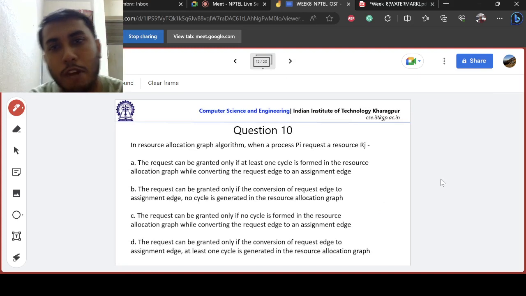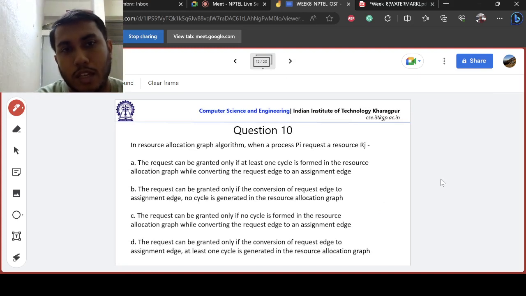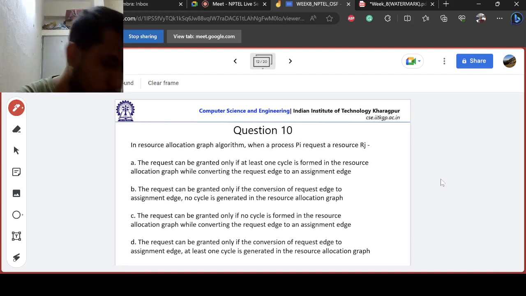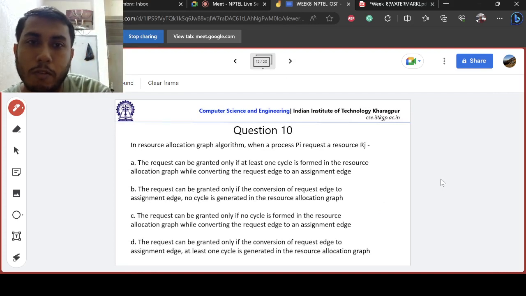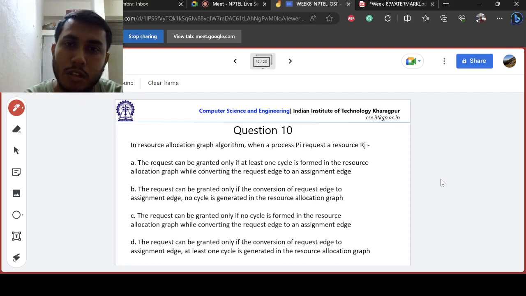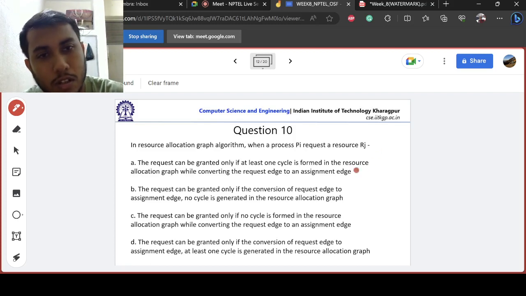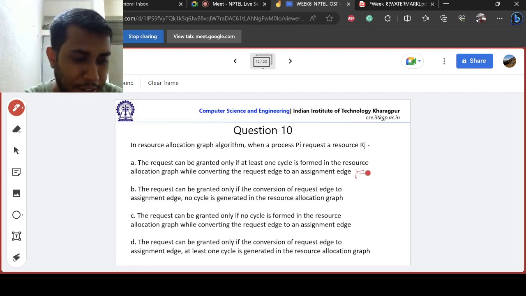Last question. In a resource allocation graph, when a process Pi requests a resource Rj, the request can be granted if only one cycle is formed in the resource allocation graph. No, a cycle is not allowed. False. If there is a cycle, that means there is a deadlock. The request can be granted only if, on conversion of the request edge to an assignment edge, no cycle is generated in the resource allocation graph.